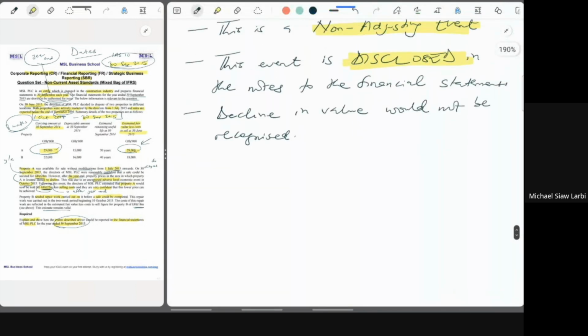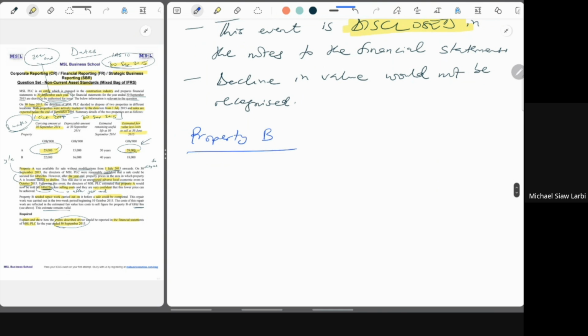So let's now discuss property B. What happens to property B? For property B, we need to mention here that this does not qualify as a non-current asset held for sale. In an exam, try and write the full thing. I can do the short form here, right? Does not qualify as a non-current asset held for sale.